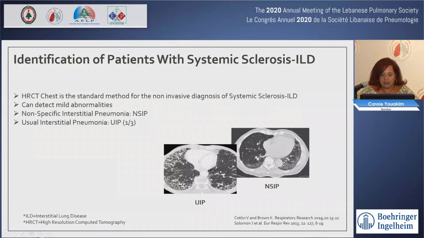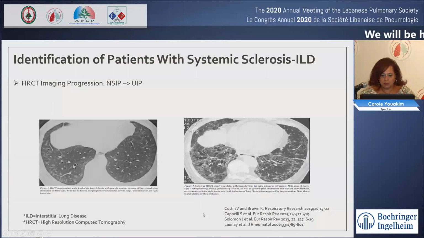NSIP and bilateral ground glass opacities is the most frequently seen imaging pattern, and a UIP pattern with honeycombing and traction bronchiectasis is seen in up to 1/3 of the patients with systemic sclerosis. Over time, the progression is that of the replacement of the NSIP pattern with a UIP fibrotic pattern.